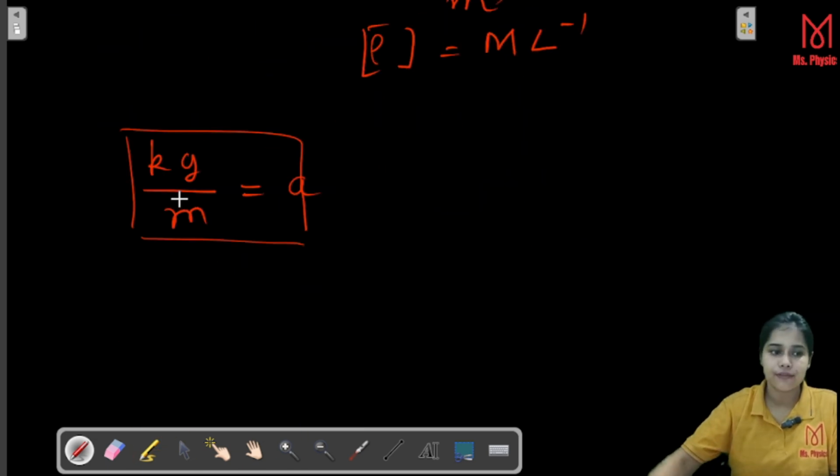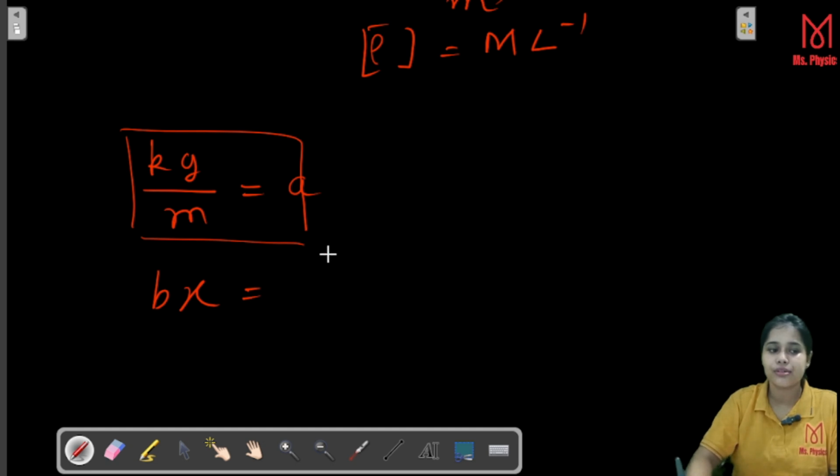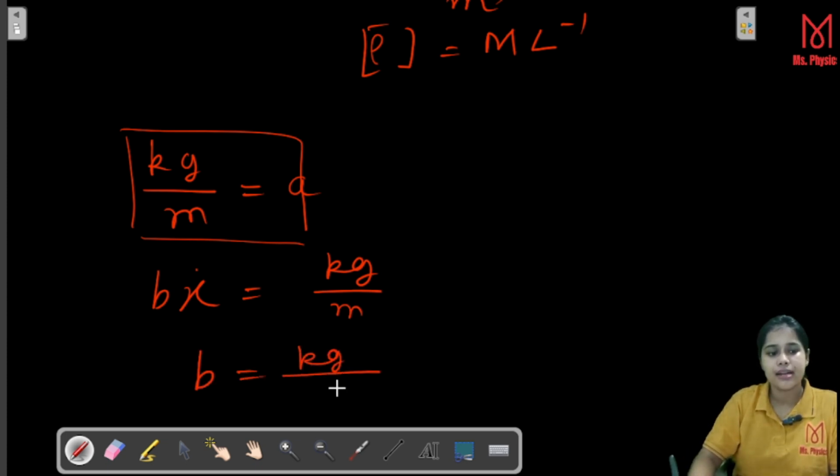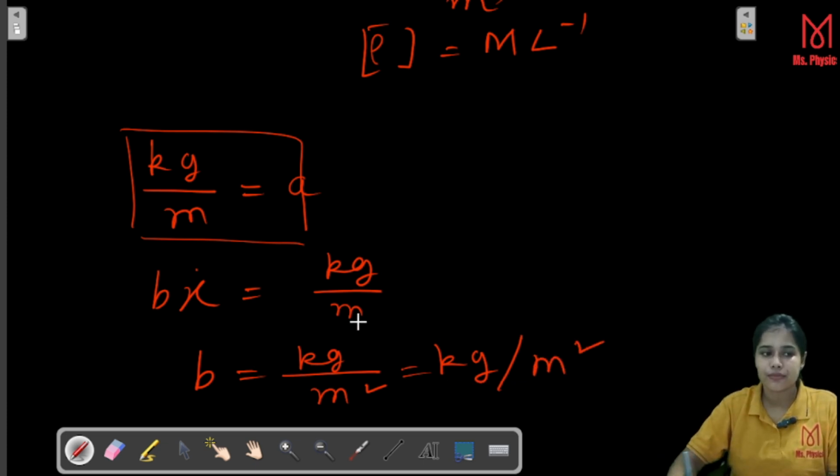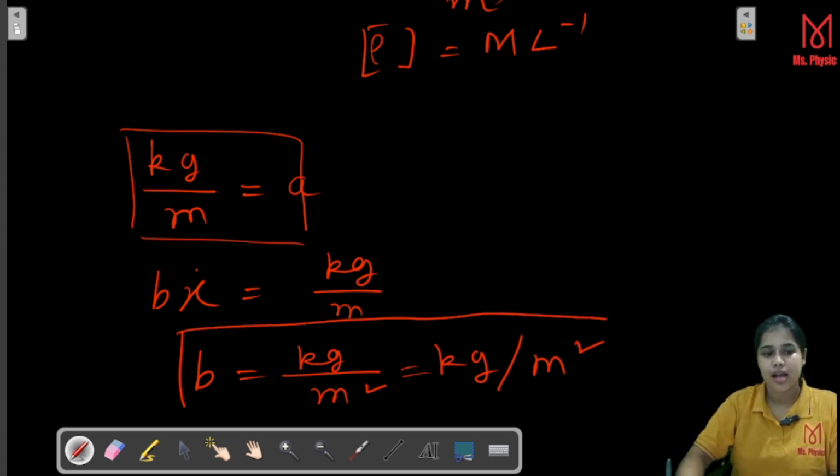So I already have the unit of a, that is kg per meter. Now the unit of bx is also kg per meter. Here x is a length, so b is equal to kg per meter square. This is the unit of b. This is the answer.